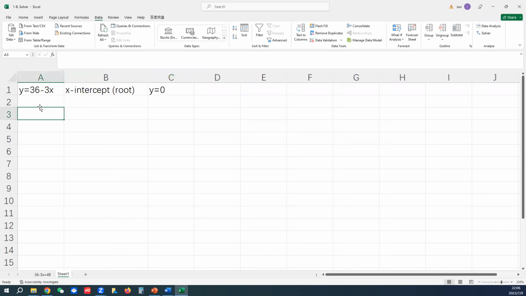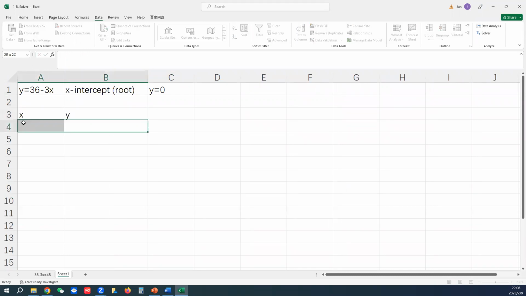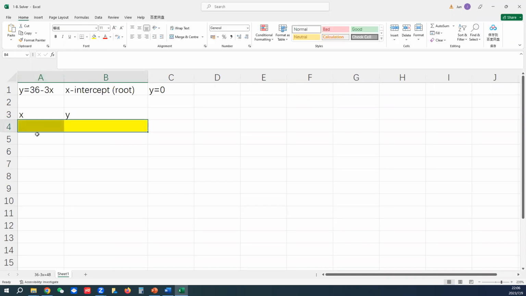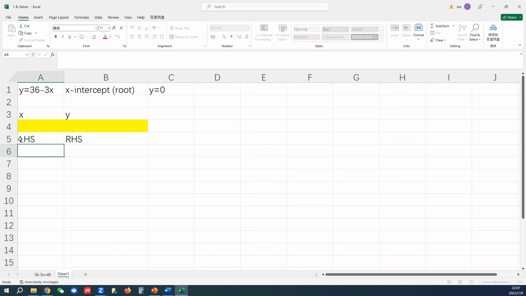How many variables do we have here? Two, x and y. We color the cells underneath, which are the values that we are invoking later on. This function has a left-hand side and a right-hand side. The left-hand side is actually y, so I swap the sides to maintain consistency.